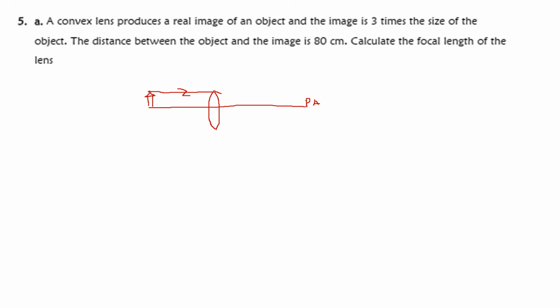So the distance from the principal focus to the center of the lens is what is called the focal length, this one. The image is formed over here. And we are told it's a real image. If it's a real image, it means it's upside down.